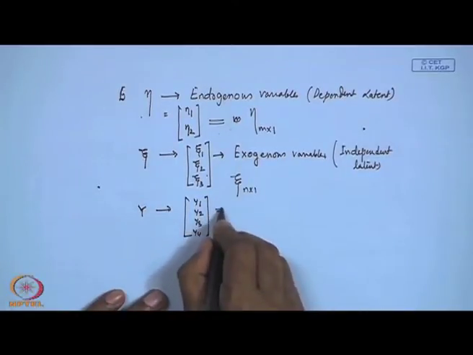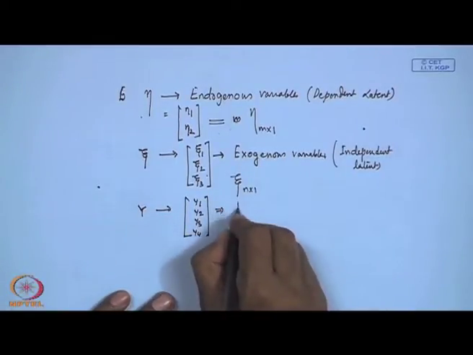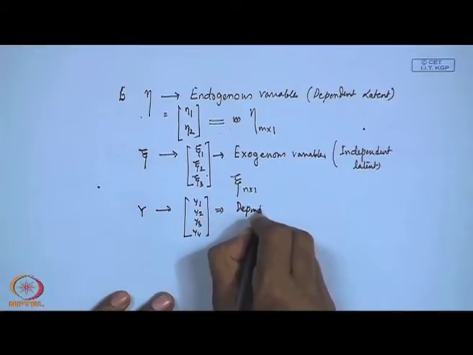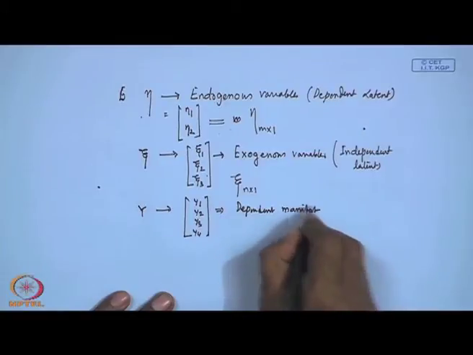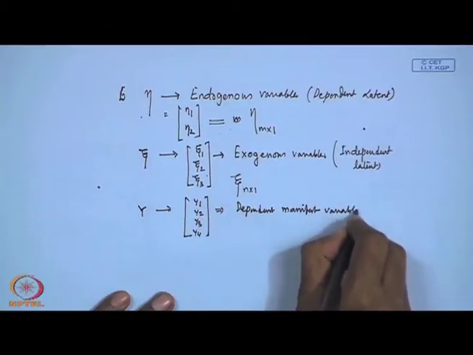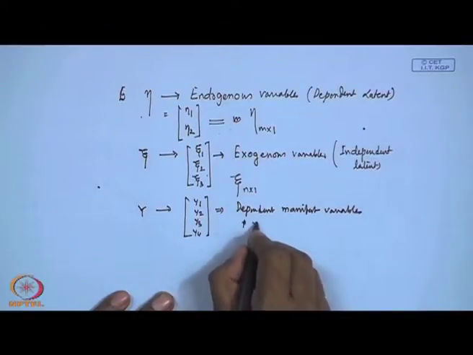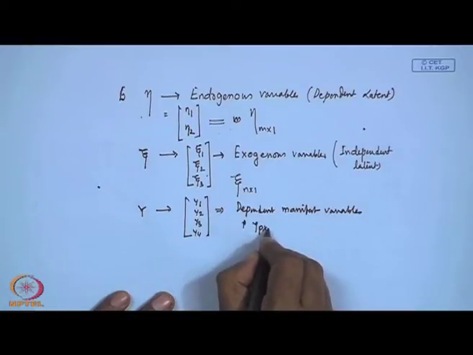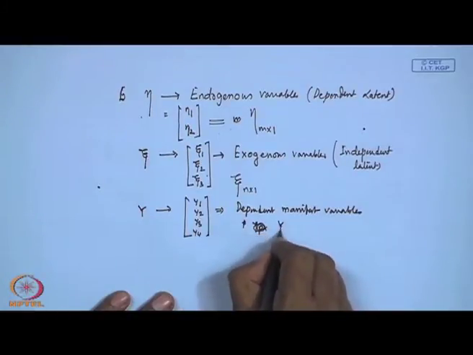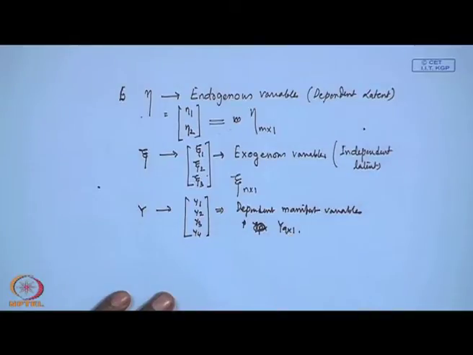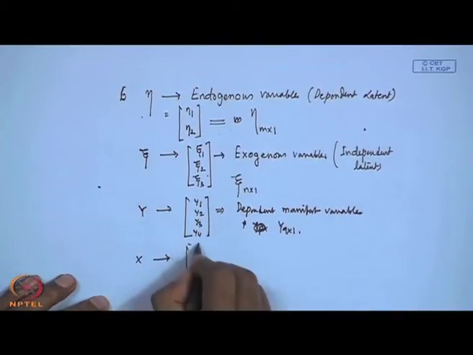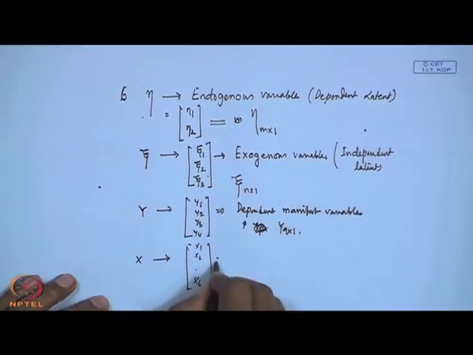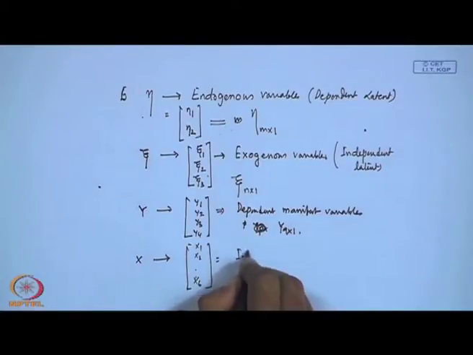This is known as the dependent manifest variable. It can be p cross 1. Similarly, you have x, here x1, x2 to x6, and these are the independent manifest variables.